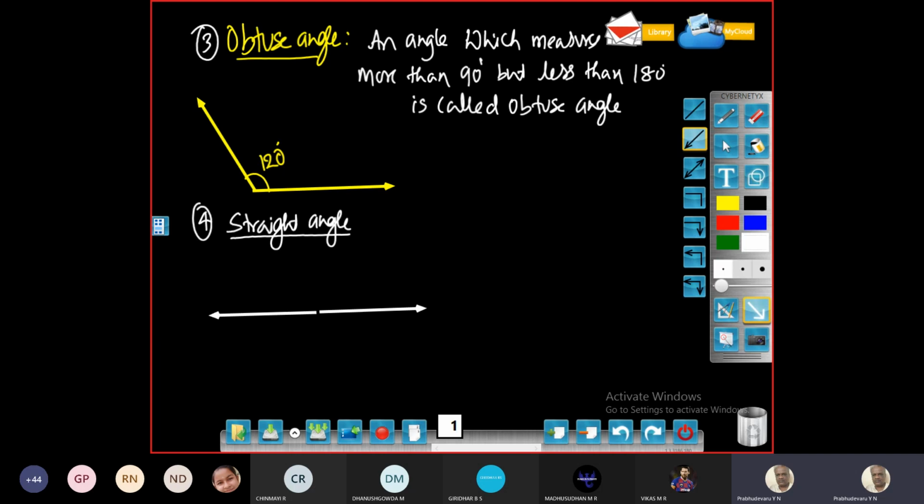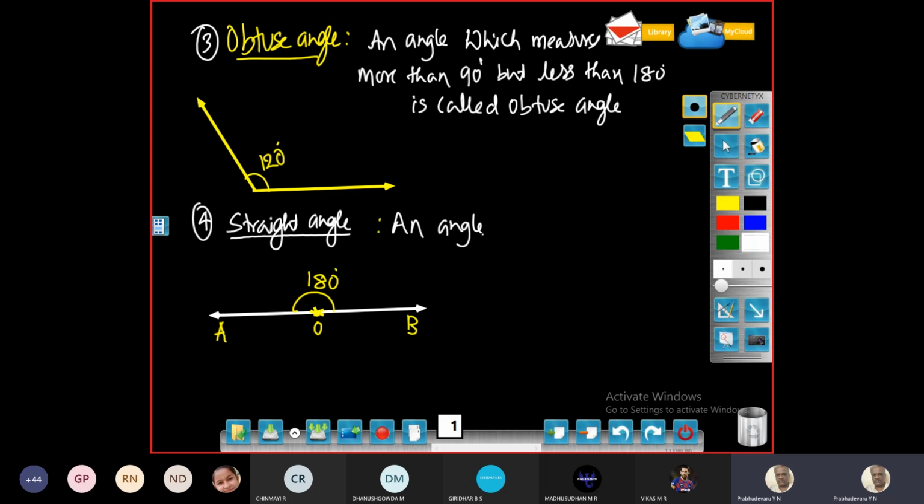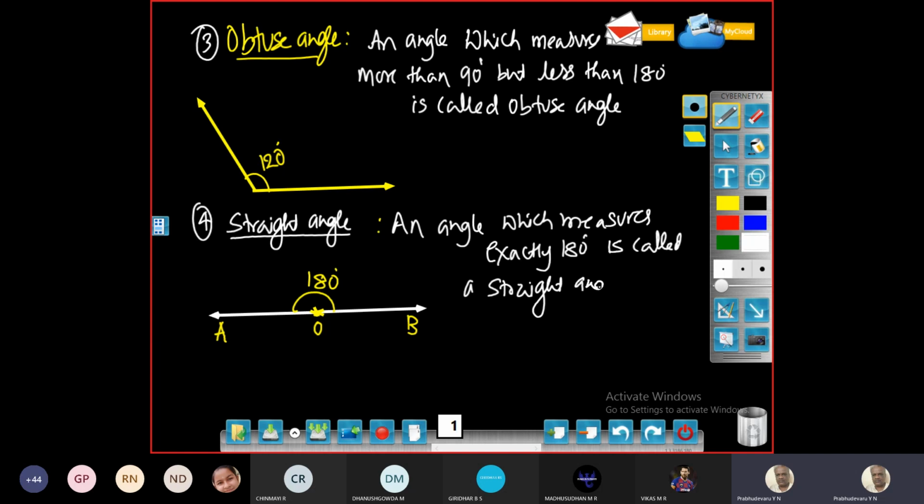Like this, we can call this the vertex, with one side A and the other side B. The total angle measures 180 degrees. An angle which measures exactly 180 degrees is called a straight angle.